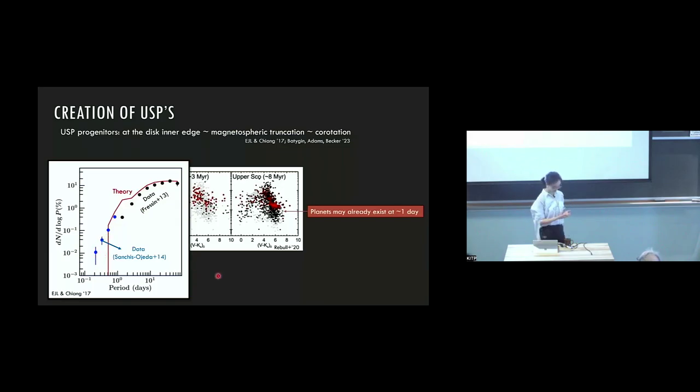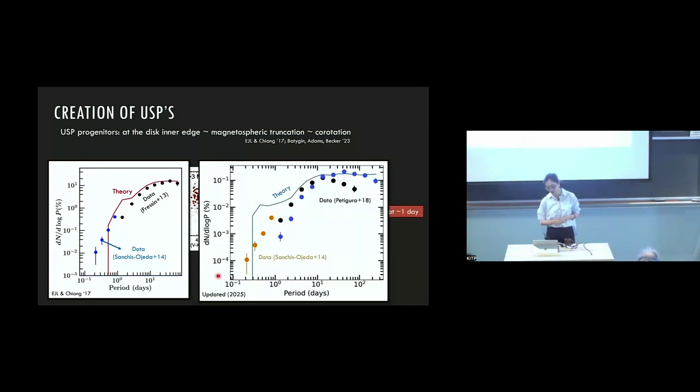But since then, there have been quite a few updates in the observations. If you make all these updates to the exoplanet data and also the spin period measurements of the young stars, this is what we get. Again, in terms of the general shape, at least down to a day or so, it does a pretty good job at reproducing the data, but we seem to have a bit of an overabundance of these USPs.